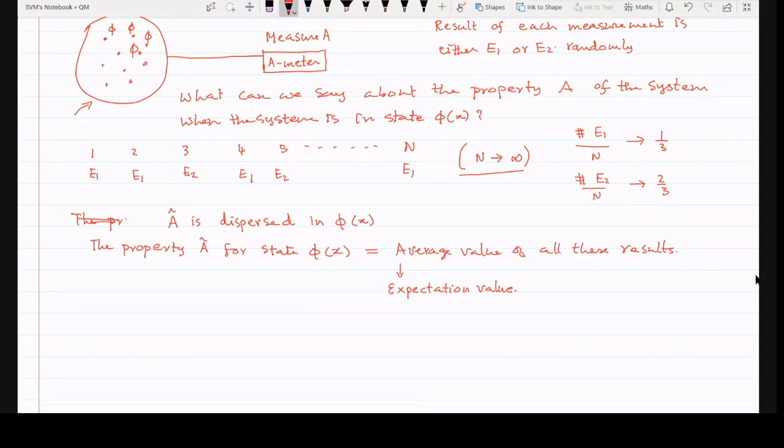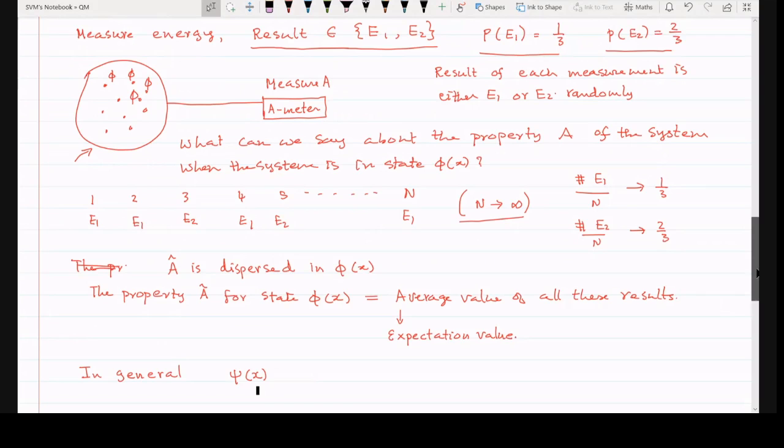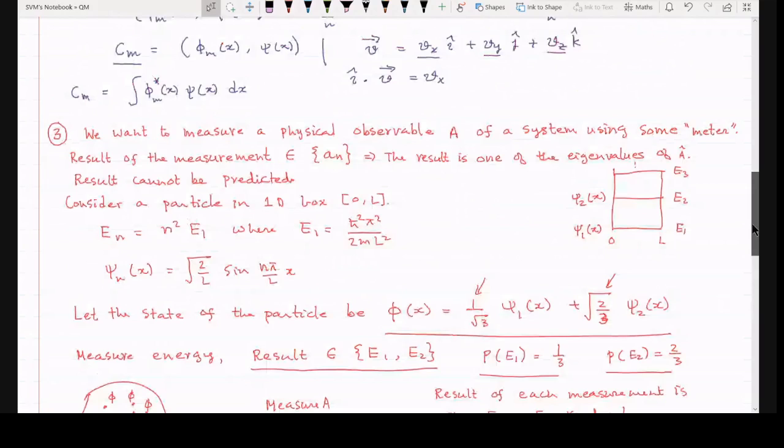Okay, so let's say that, in general, suppose you have psi of x. I don't want you to get confused with this notation, because here I am now going back to the general scenario.